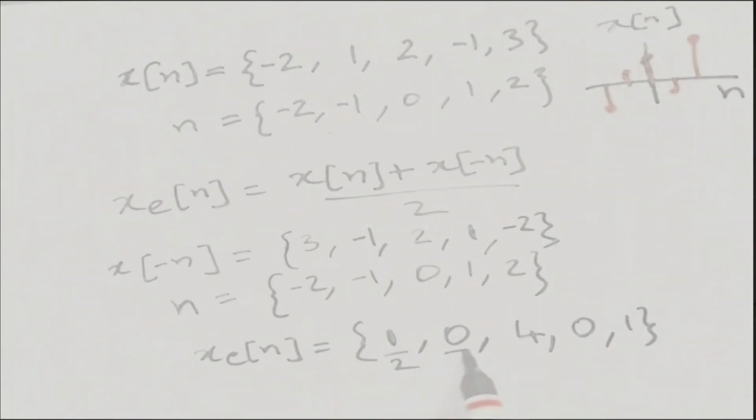Each of these values will be divided by 2. So you get this signal as 0.5, 0, 2, 0, 0.5.